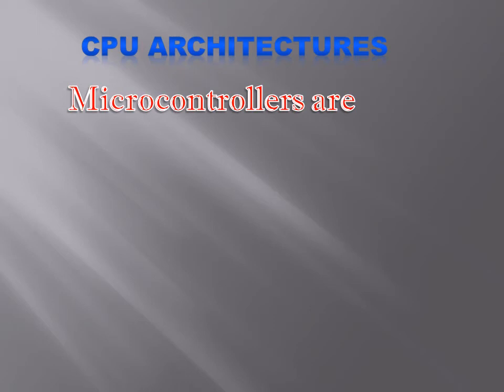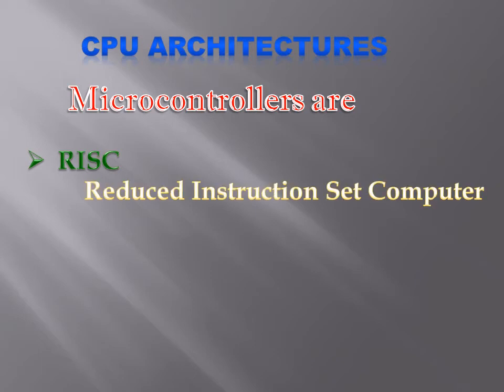So when we talk about the architecture of microcontrollers, there are two main types. The one we call RISC, a reduced instruction set computer, is a microcontroller having the reduced instruction set.